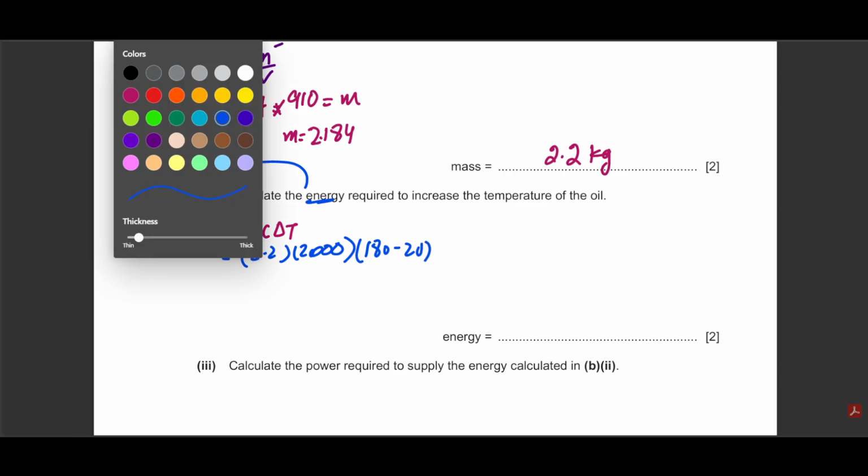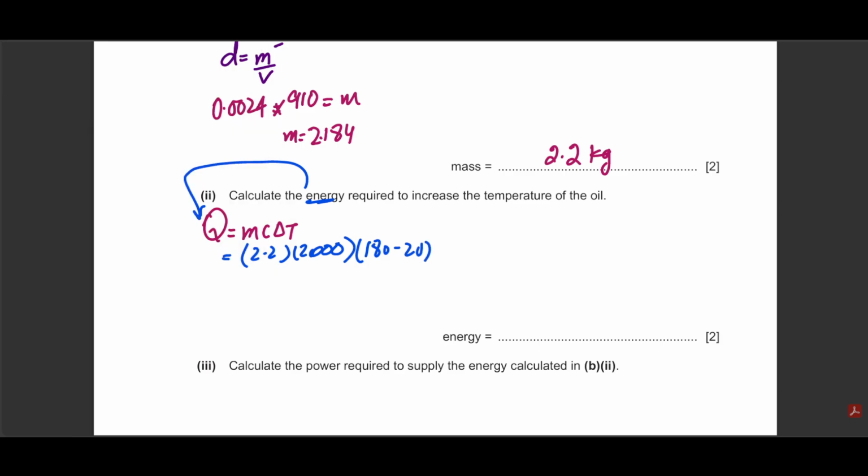Now, if you write this down in the calculator directly, you might encounter an error. So please first take the subtraction. If you haven't added the brackets, you will get an error. Please be careful. So this will come out as 7.04 into 10 raised to power 5 joules. So this will be 7.0 into 10 raised to power 5 joules.